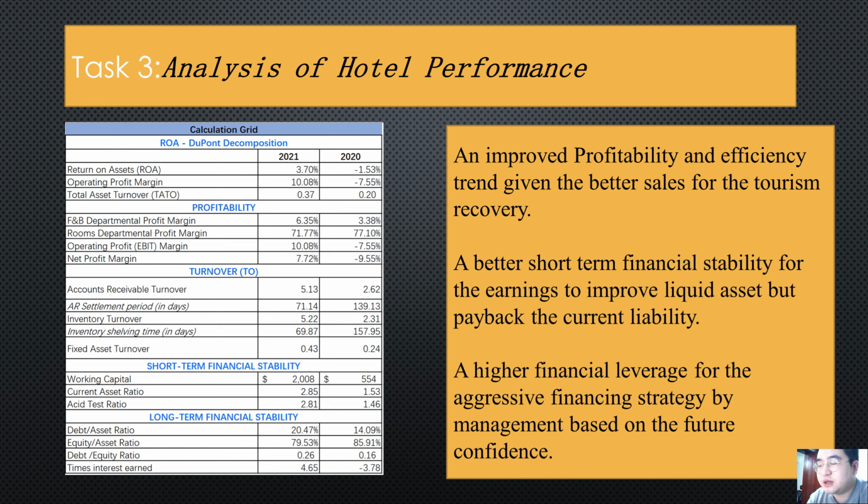For example, the debt to asset ratio has increased from 40.09% in 2020 to 20.47% in 2021 due to the aggressive debt financing strategy from the management to maximize the equity return, with better confidence in the hotel's future performance.